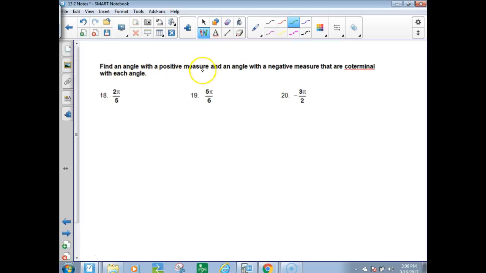Find an angle with a positive measure and an angle with a, uh-oh, these aren't in degrees. We want to find one with a positive and a negative measure that are coterminal with each angle. If they are in radians, we need to add on how much? We're going to add and subtract, not 360.